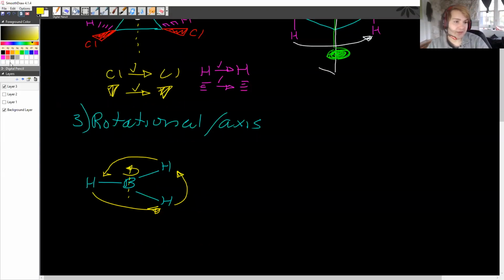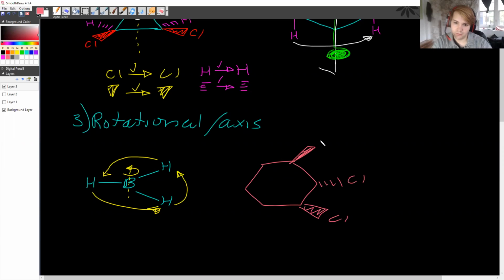Where did we see this before? I'll tell you. It was with this molecule that we had done earlier. Right?